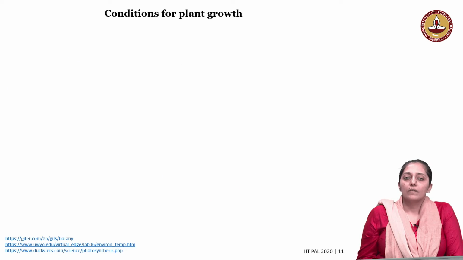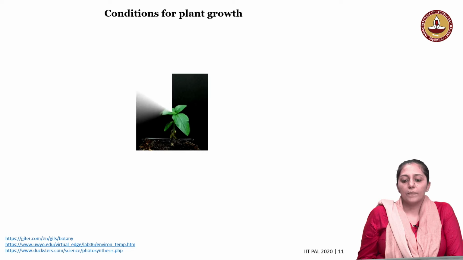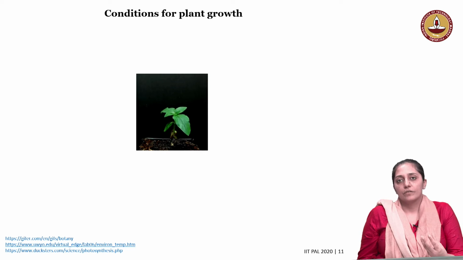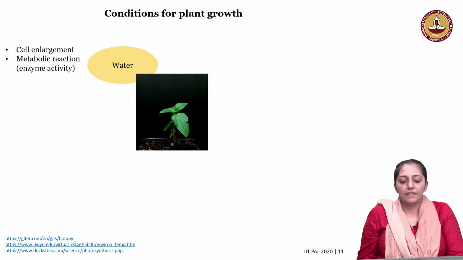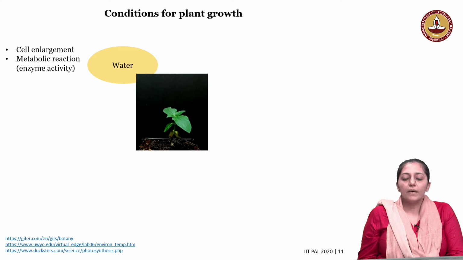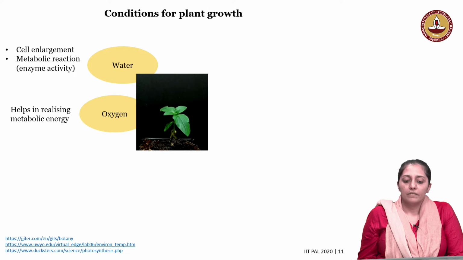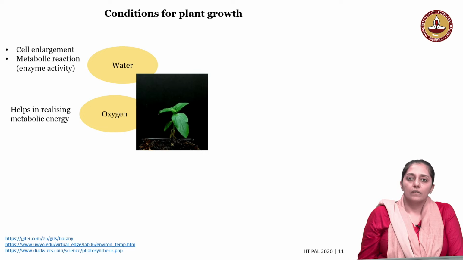Talking about the conditions for plant growth. What makes the leaves increase in size? What facilitates this process of cell enlargement or the metabolic activity? Now, after reading the chapter on plant nutrition, we know the basic requirements which lead to plant growth and development.